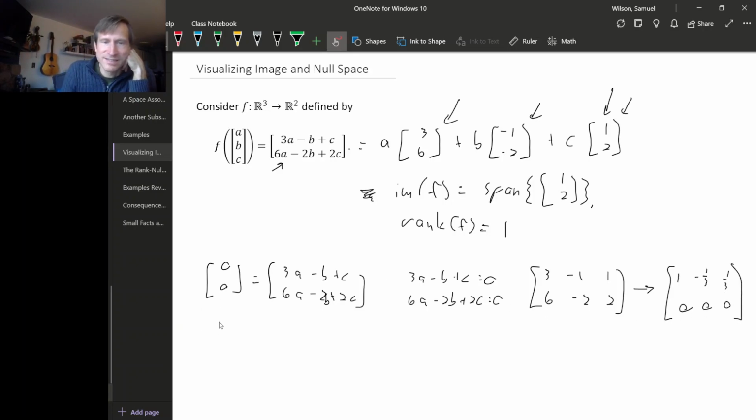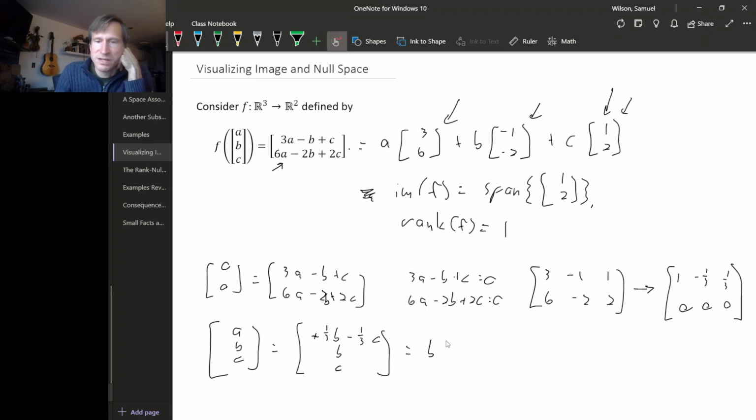So this says that A is not free. A has to be 1/3 B minus 1/3 C, and then B is free and C is free. So this is B times (1/3, 1, 0) plus C times (-1/3, 0, 1).